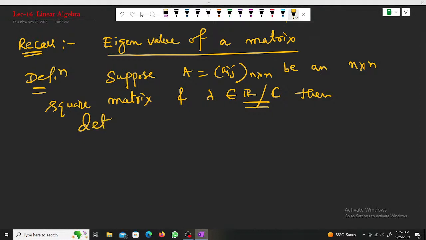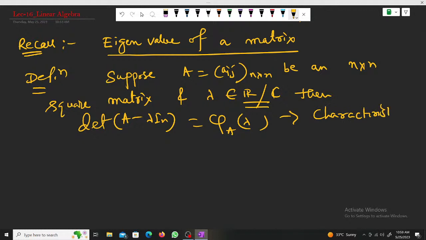this A minus lambda In, this is called phi of A of lambda, this is called characteristic polynomial, right?